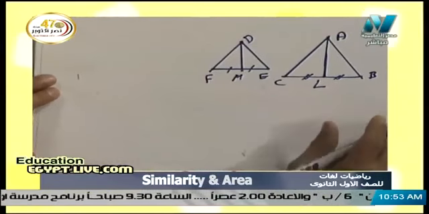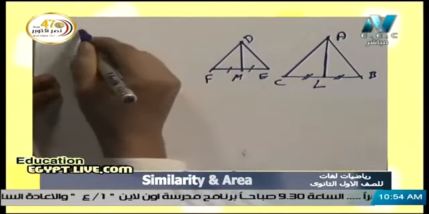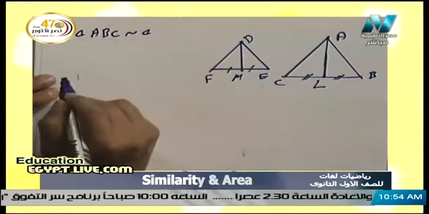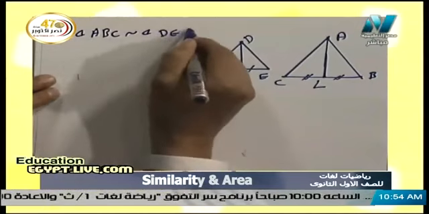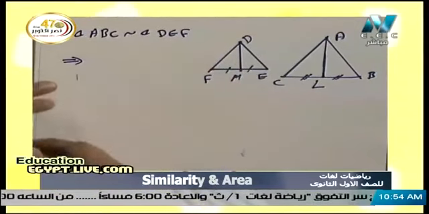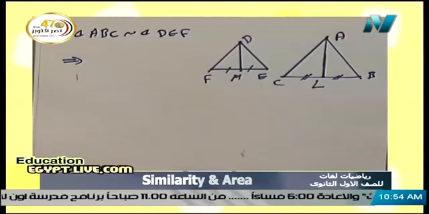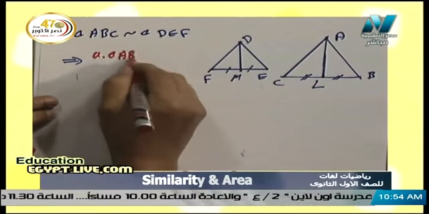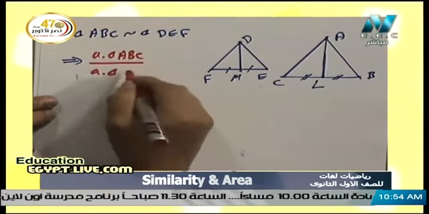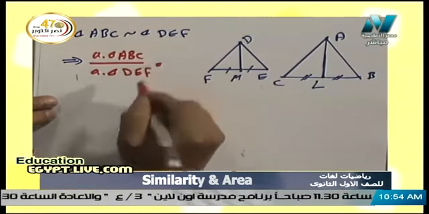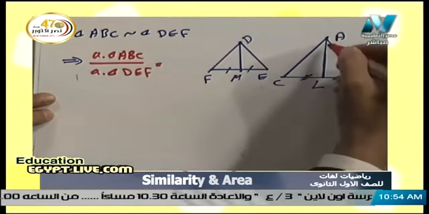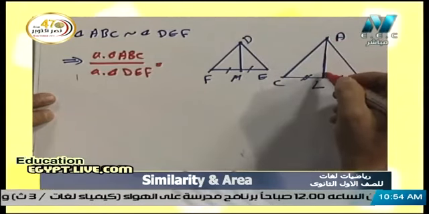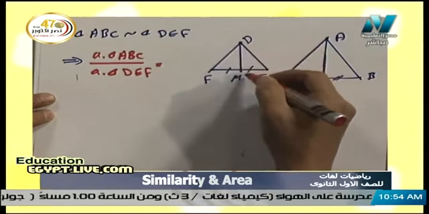and say that triangle ABC is similar to triangle DEF. So now we will deduce that the area of triangle ABC over the area of triangle DEF equals the median EL but power 2 over the median DM but power 2 also.